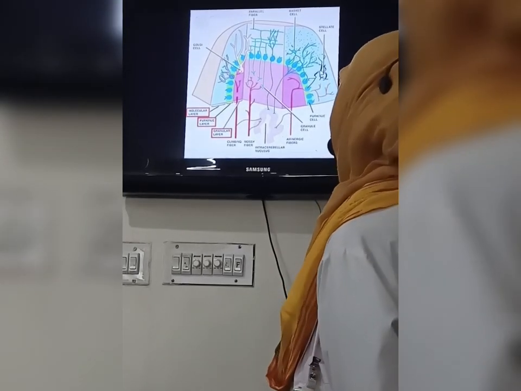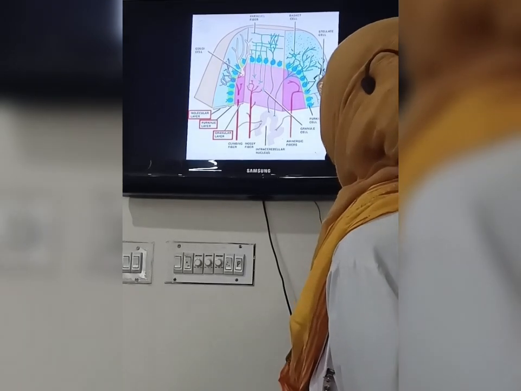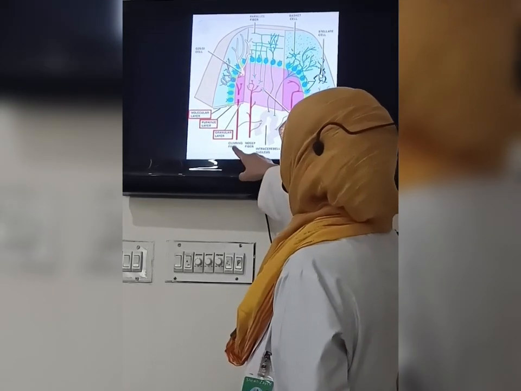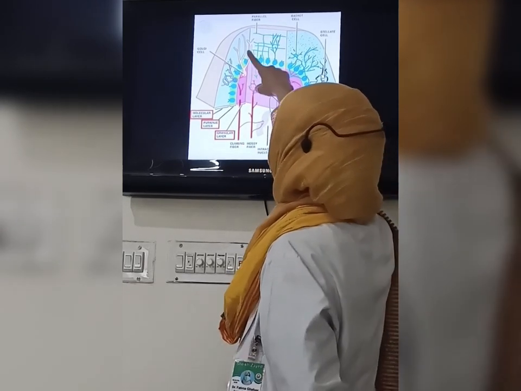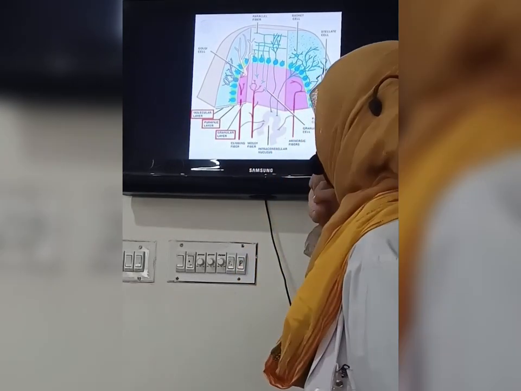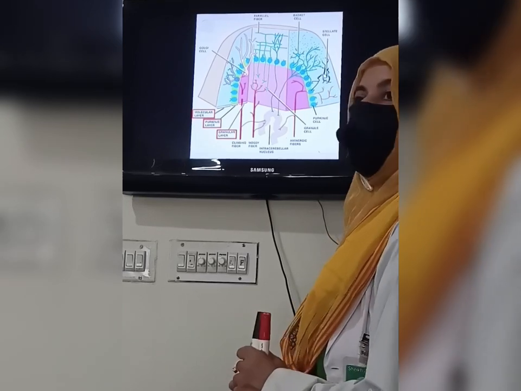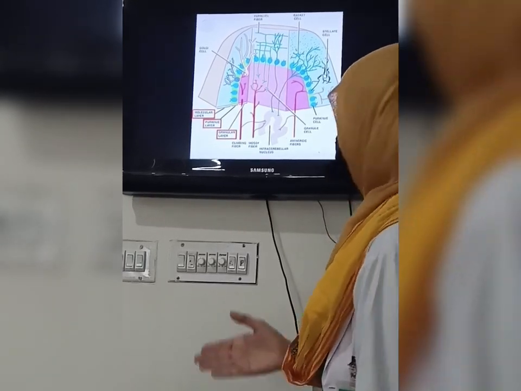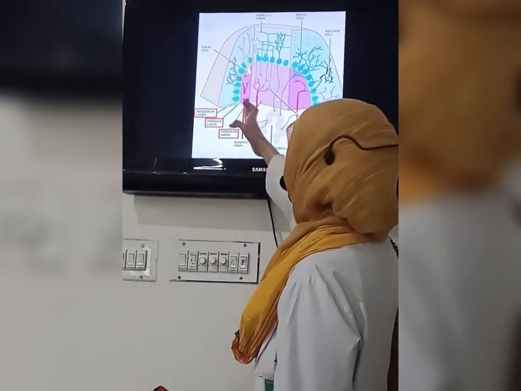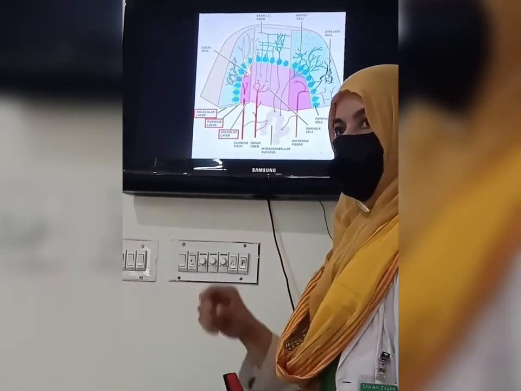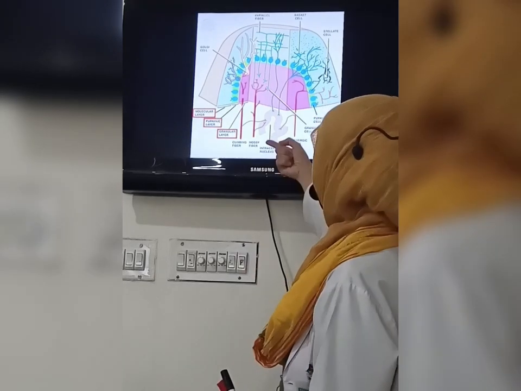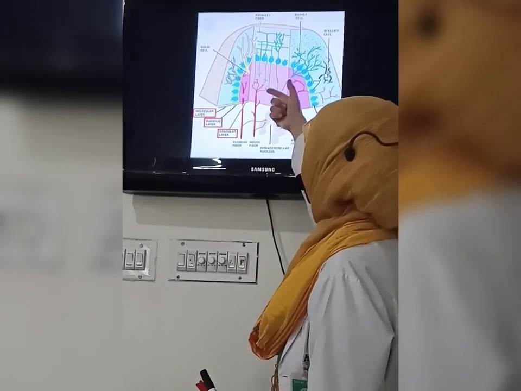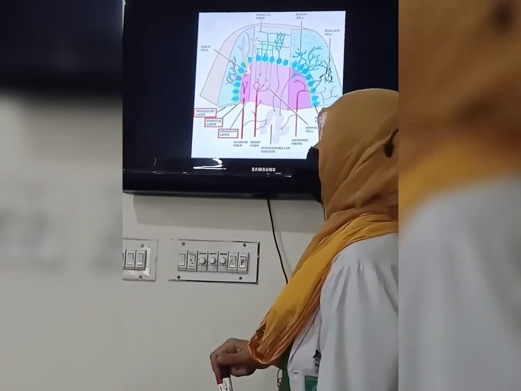The climbing fibers are supposed to reach towards the molecular layer. So we can make a mnemonic: climb to the mountain. So the climbing fibers are reaching in the molecular layer. The M is taken as the initial, right? The other, the mossy fibers, reach up to the granule cell layer.